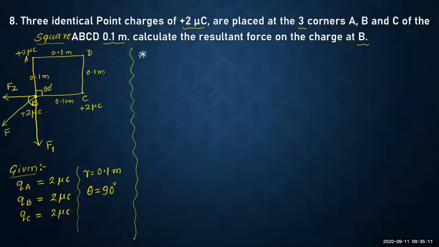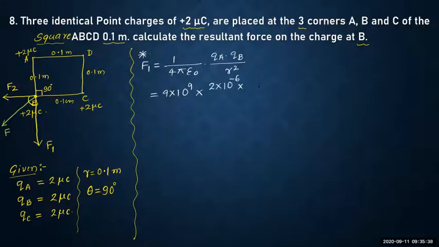First one, F1 is equal to 1 divided by 4 pi epsilon naught into QA into QB, because we have taken them as QA and QB, divided by R square. See, it is 9 into 10 raised to 9 into QA, which is 2 into 10 raised to minus 6. Both are the same. Then R square is 0.1 whole square.